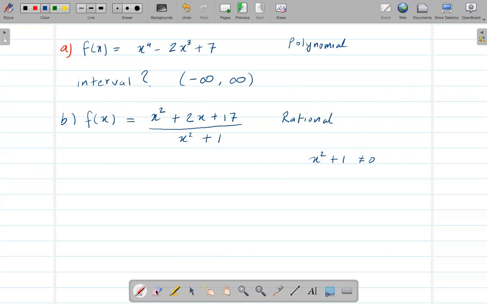If there was a negative here, then we could make a point where it is discontinuous. When x is 1, it would be 1 minus 1, which is 0 in the denominator. But with a plus here, there is no way I can make it 0. So in this case, all the x values are going to work. So again, this will be continuous from -infinity to +infinity.